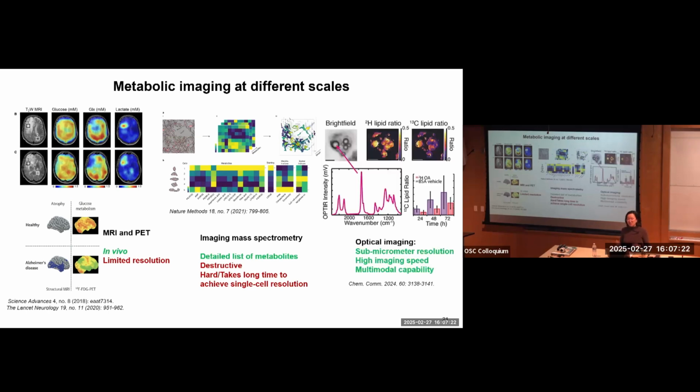On the other hand, optical imaging offers a very nice bridge between these two worlds. It offers sub-micron spatial resolution and also a relatively high imaging speed, and because many optical imaging modalities can be integrated together, they provide complementary information.